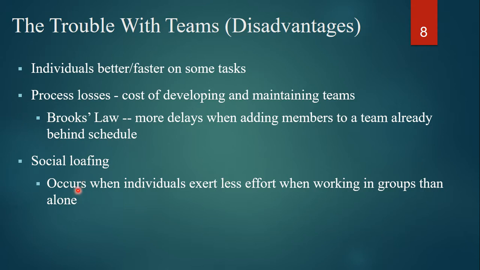Free riders are individuals who exert less effort, less performance, and get the same result as other members. So social loafing occurs when individuals exert less effort when working in groups rather than alone.